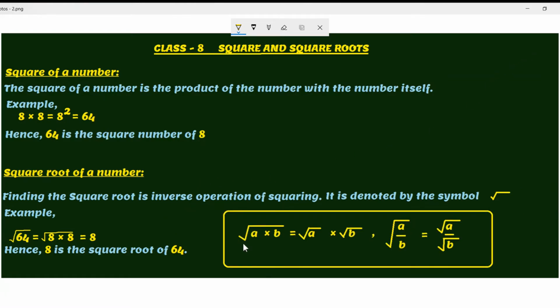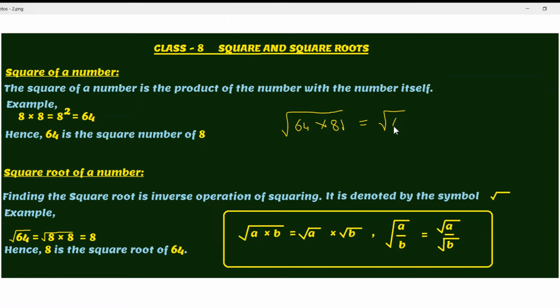If you want to find the square root of the product of two numbers, we can split them like this, root a into root b. That means if you want to find the square root of 64 multiplied by 81, you need not multiply the two numbers and then find the square root.